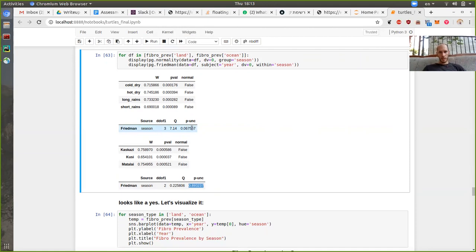All right. And by the land seasons, we almost have something that we can get close to something. Okay. Still a result. I'm wondering if these land seasons are important somehow.